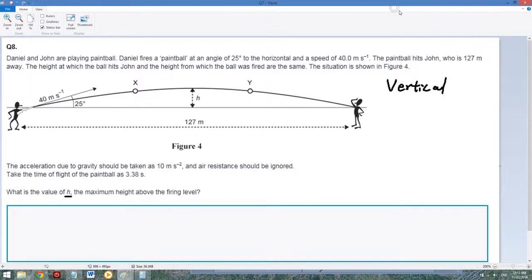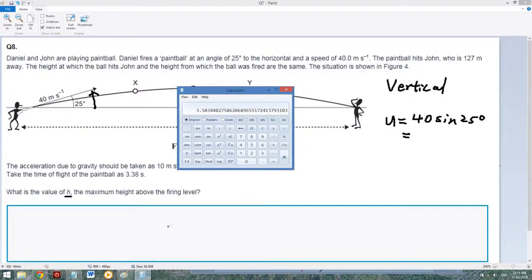Okay, now in this question, same content, we're going to find the h. H is vertical, so this time we need to analyze the vertical component. As we did before, we have the vertical component, just copy it down.